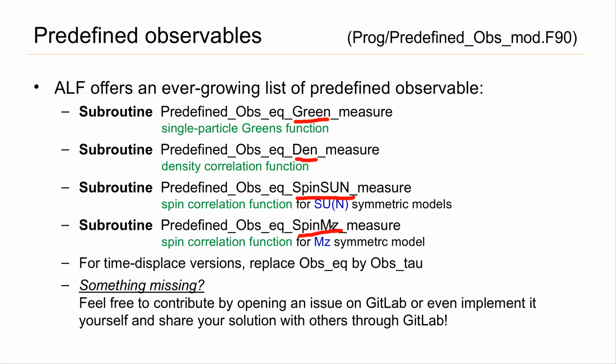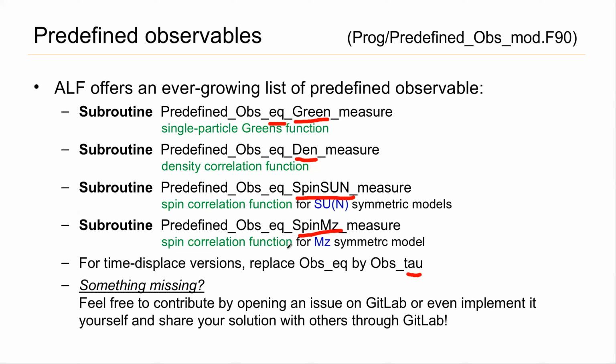While for the MC decomposition, or if you introduce an explicit magnetic field in the Z direction, this is no longer the case, and it makes sense to distinguish the Z component from X and Y. Exactly. And then fitting into the same pattern, replacing equal by obs tau will provide you a similar predefined routine for the time-displaced version of it.